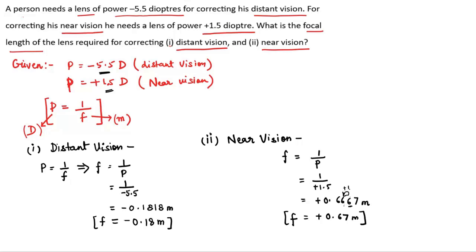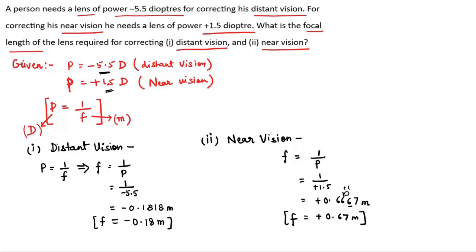Here I am using the signs, negative and positive, all the time. Why? It is very important to know whether the power and focal length of the lens are positive or negative, because it defines many things like the type of lens, how it bends light, and how it corrects vision.